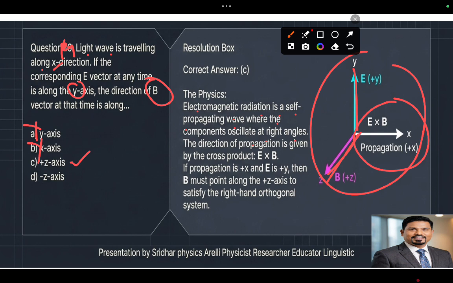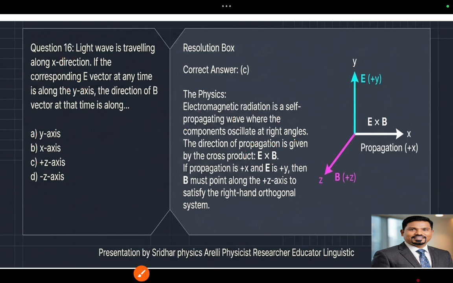The direction of propagation is given by the cross product E cross B. If the propagation is x and E is in the y direction, then B also must be in positive z. Similarly, the magnetic field also propagates along the positive z axis, satisfying the right hand orthogonal principle.